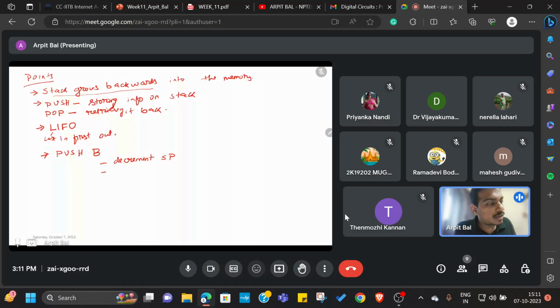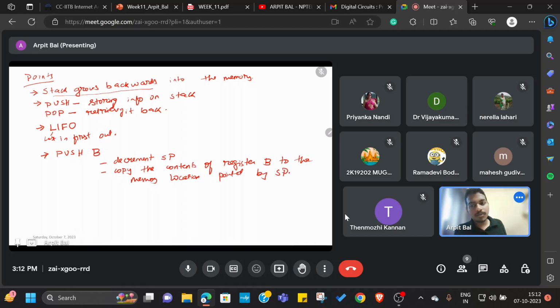Then copy the contents of register B to the memory location pointed to by the stack pointer. PUSH B means I am trying to push something into the stack. Whatever is present in register B, I am trying to push it into the stack location. Next, after that, what happens?